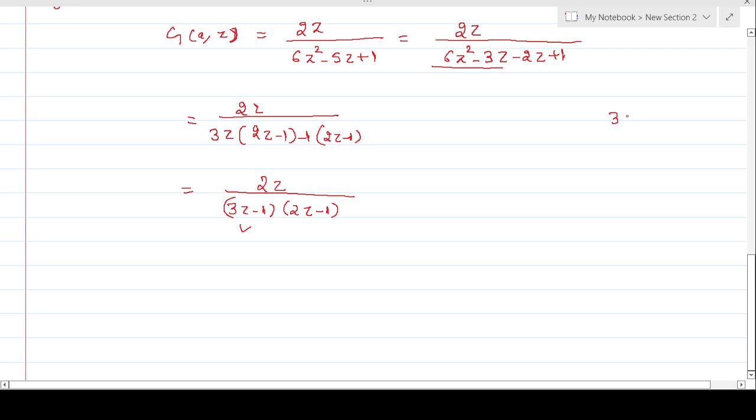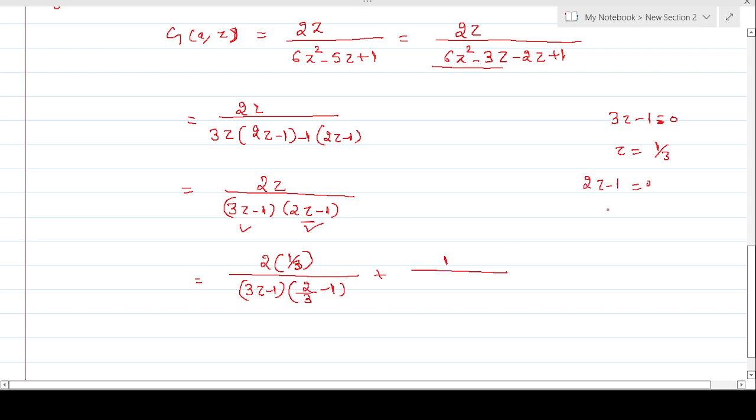Now take this first factor equal to 0. When you set this first factor equal to 0, what is the z value? The z value is 1 by 3. So set z equal to 1 by 3: 2 into 1 by 3 upon 3z minus 1, which gives 2 by 3, plus, setting z equal to 1 by 2 from the other factor. Now set z equal to 1 by 2 in this.